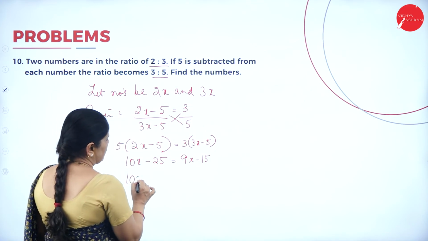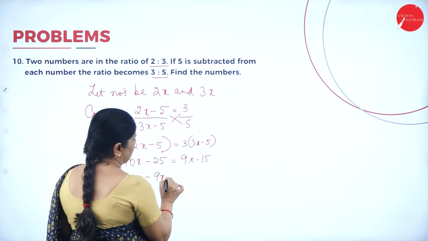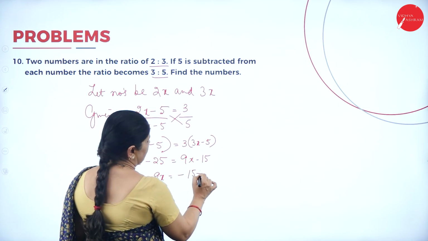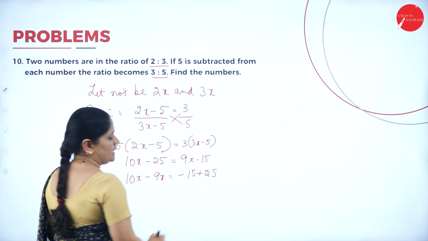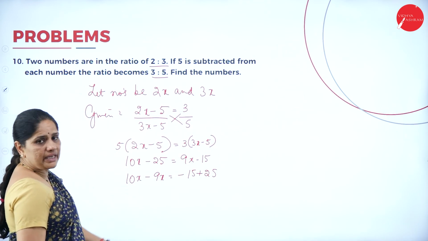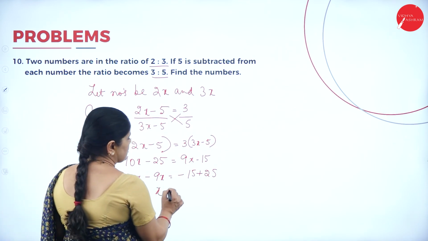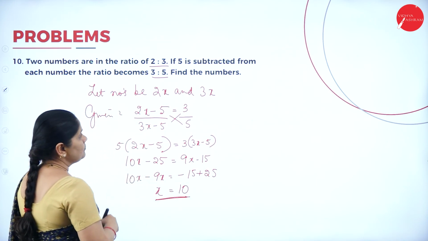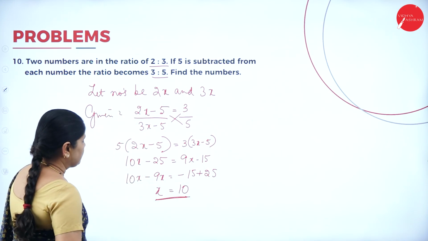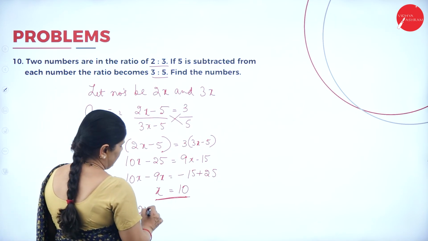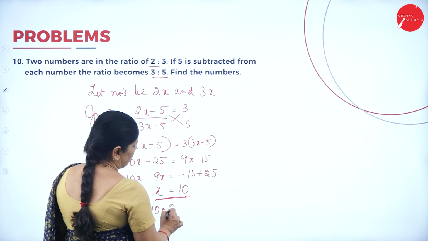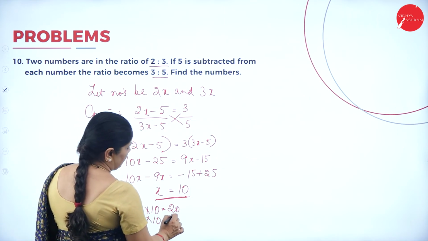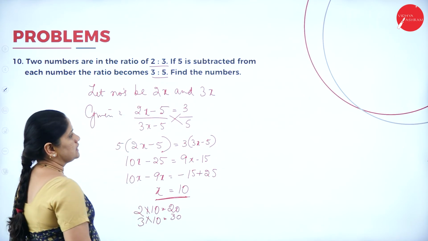So, 10x minus 9x will be equal to minus 15 plus 25. So x equals 10 is the answer. Now, find the numbers. The numbers will be 2 into 10 equals 20, and 3 into 10 equals 30.